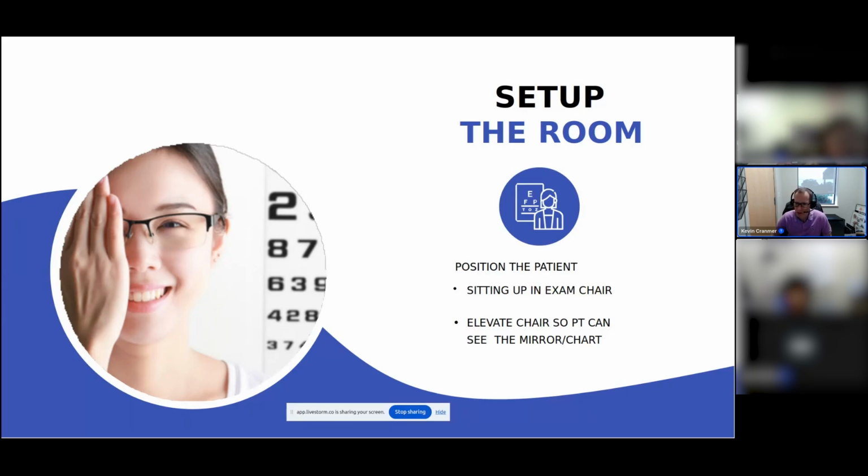So make sure that you pay attention in the beginning to just setting up the room. That is definitely part of the refraction. You can make sure they're sitting up in the exam chair. They shouldn't be slumped backwards. They shouldn't be not looking through the oculars in the phoropter. They shouldn't be uncomfortable. Bring the chair up so they can see the chart, even without the phoropter in front of them.